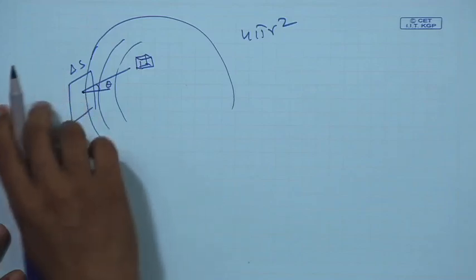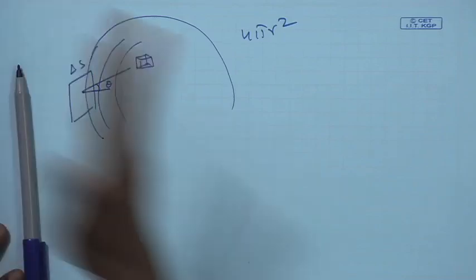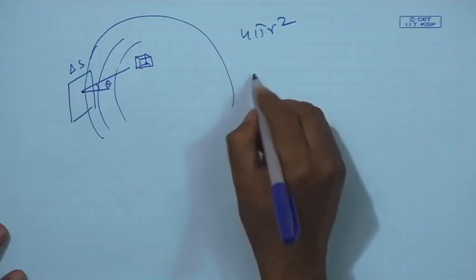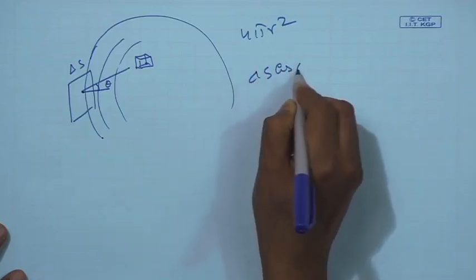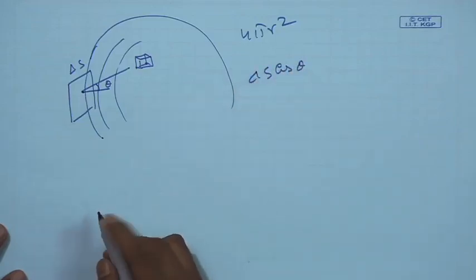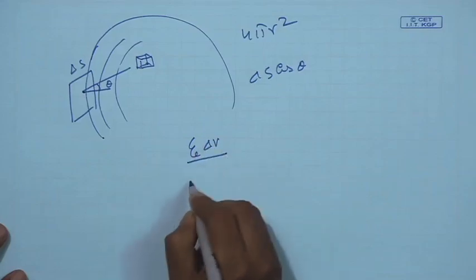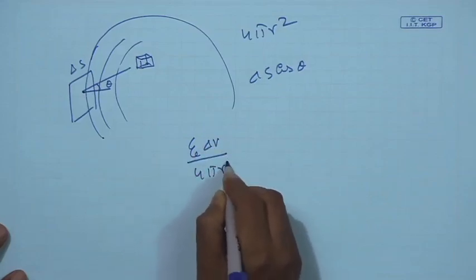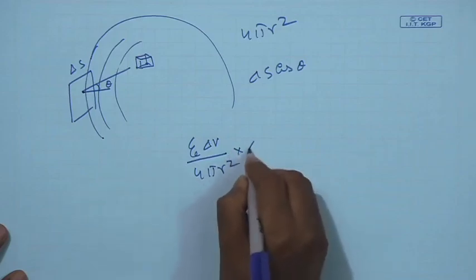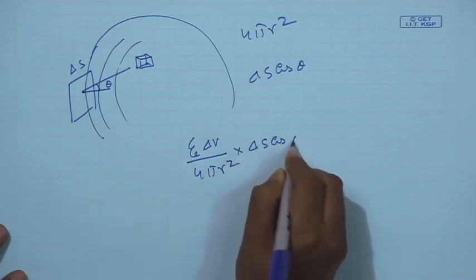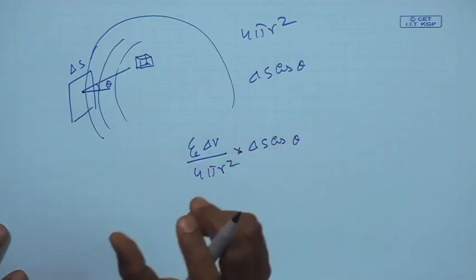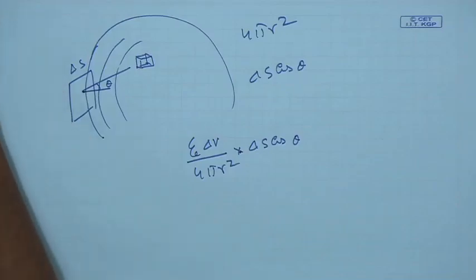Okay. So, the projection of the surface within that sphere is del S cos theta. So, I can say psi dV divided by 4 pi r square is the energy per unit area, multiplied by the effective area, is the energy which strikes that wall.